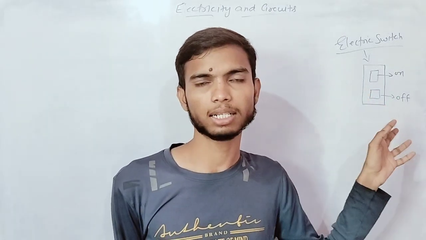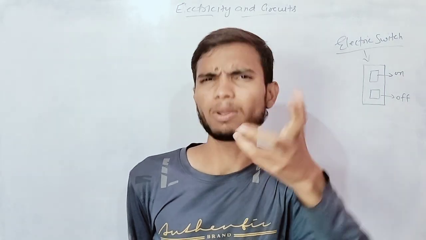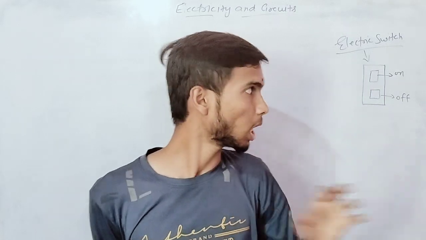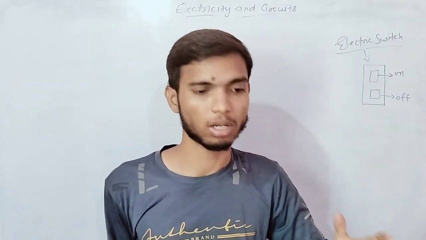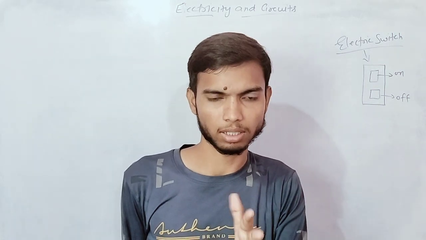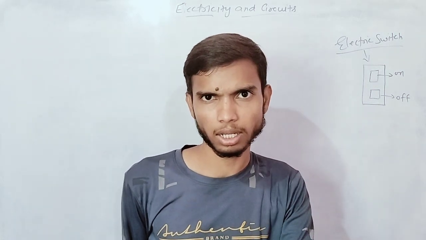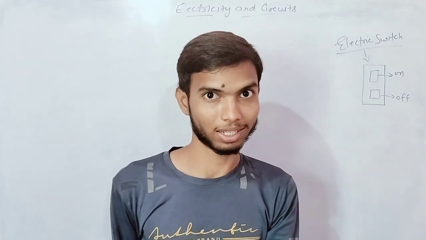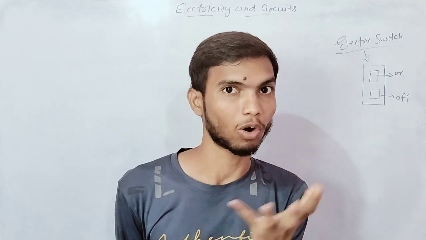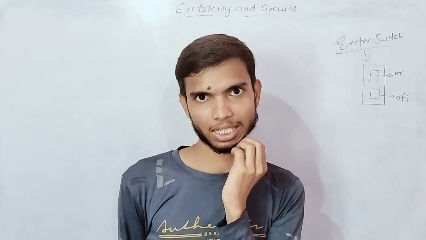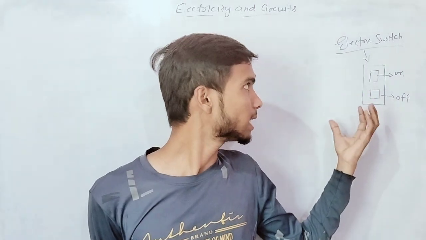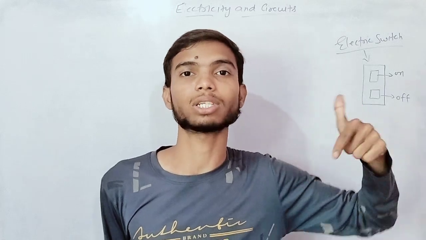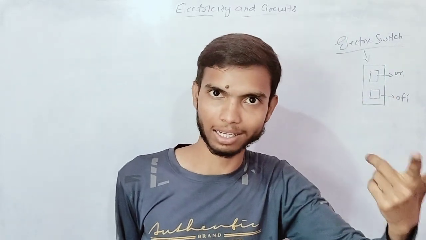Behind this surface will be a conductor, and this electric switch breaks the closed circuit, and it can complete the open circuit. These are the major works of this electric switch. That's why it is applied in an electric circuit.